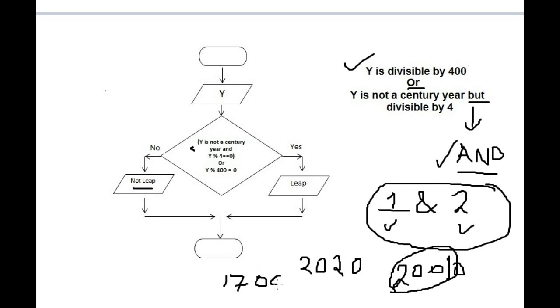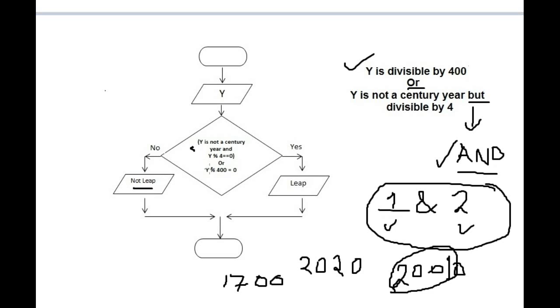Now in a similar fashion, if it is year 1700, let's see what happens, because we are going to try the program using this concept only. Now if I put year 1700, is it a non-century year? No, it is a century year. So if it is a century year, do we need to check this?